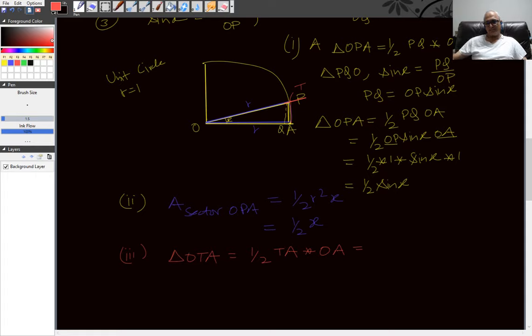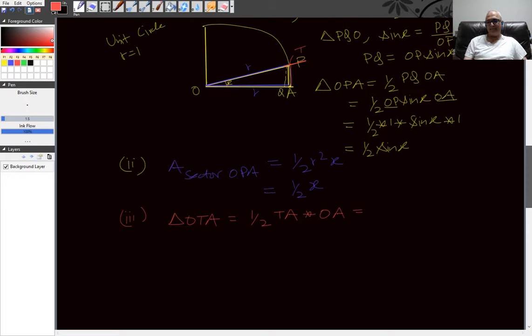So in the triangle OTA, tan x is equal to TA divided by OA. If we want the value of TA, it will be tan x OA.